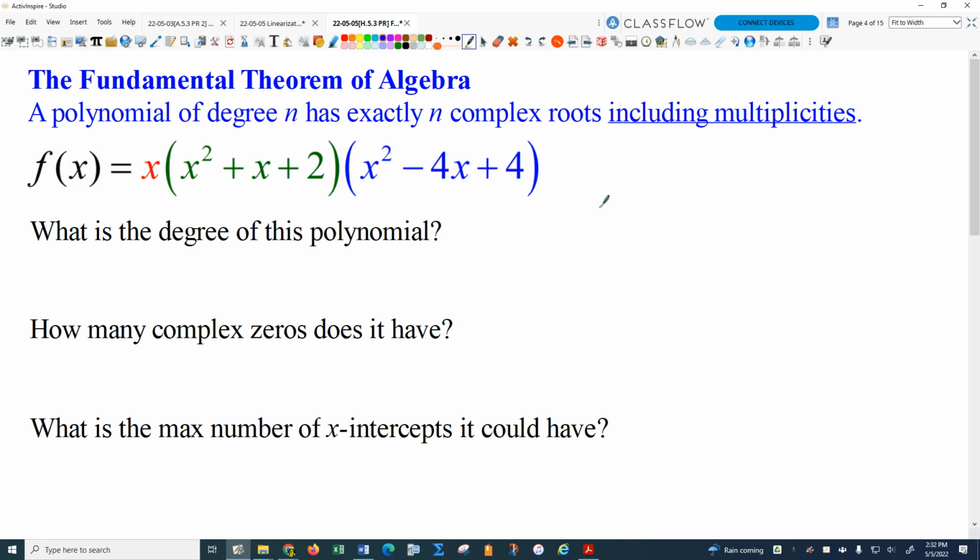It says if a polynomial of degree n has exactly n complex roots every single time, including multiplicities. So if the multiplicity of a 0 is 4, then that counts for 4 roots, right? 4 solutions or 4 zeros is what we're talking about. When we say roots, that's interchangeable with zeros.